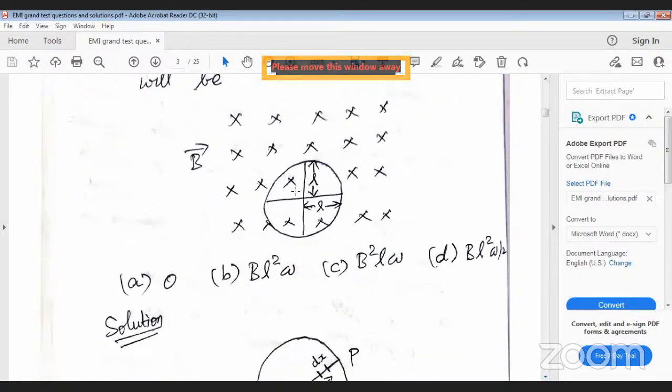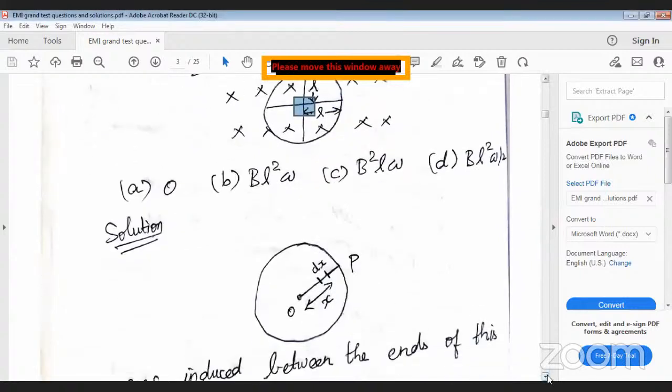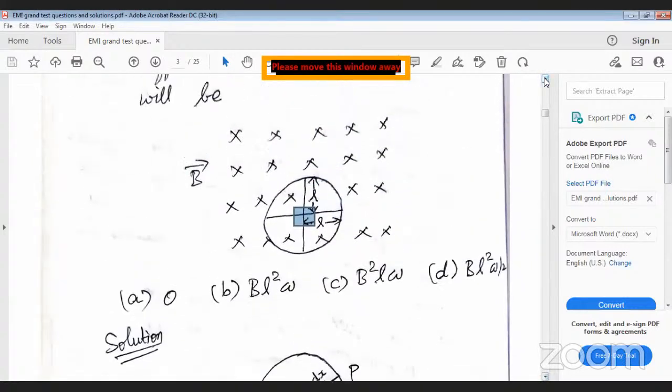That means from this point to this point, between the center and the rim, what is the induced EMF? You need to find that out. This is actually like a base case.